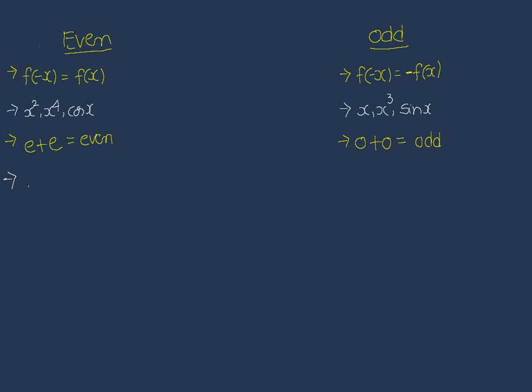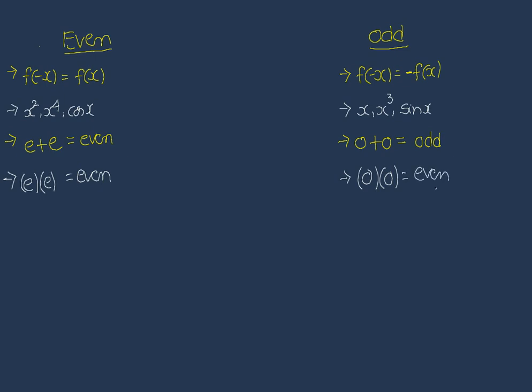so product, so even function into an even function is again an even function. Sorry, product means odd, so an odd function into an odd function, this product is nothing but an even function.